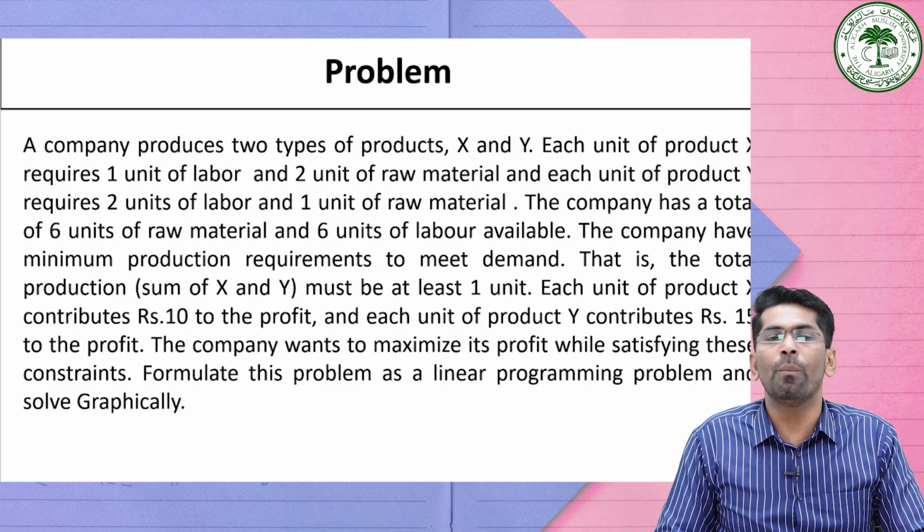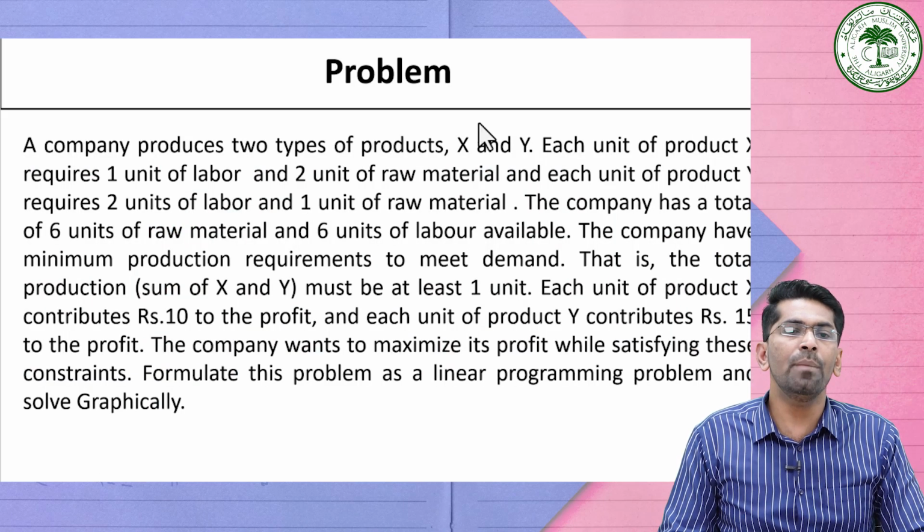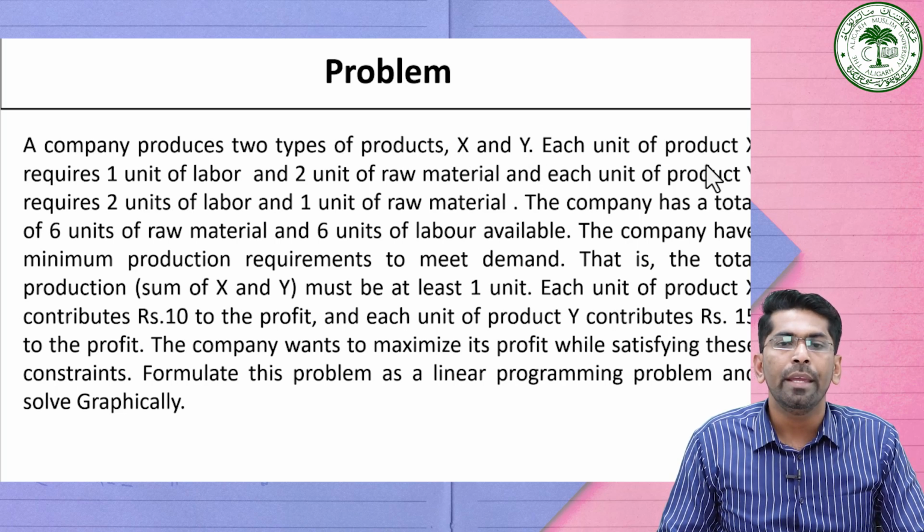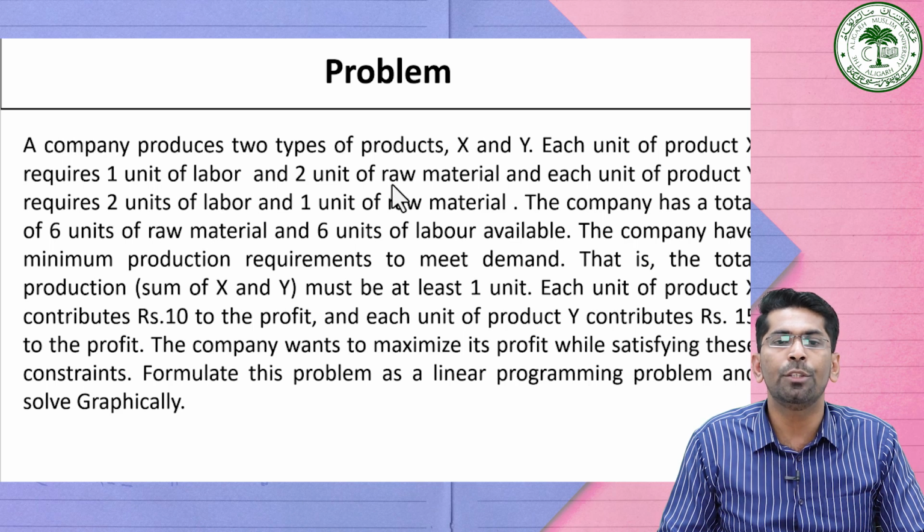So consider one problem. A company produces two types of product, X and Y. Each unit of product X requires 1 unit of labor and 2 units of raw materials, and each unit of product Y requires 2 units of labor and 1 unit of raw materials.